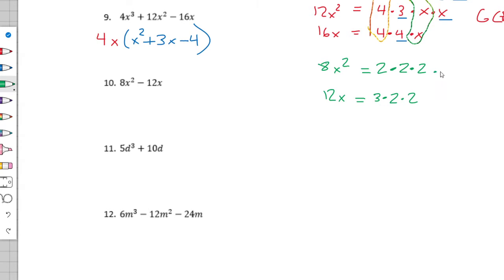And then we have x, or x times x. This one's just 1x. So then you can just circle all that are similar in both of the terms. So we have a 2, and we have another 2, and we have an x and an x. So if I was to simplify that out, 2 times 2 is 4 times x.